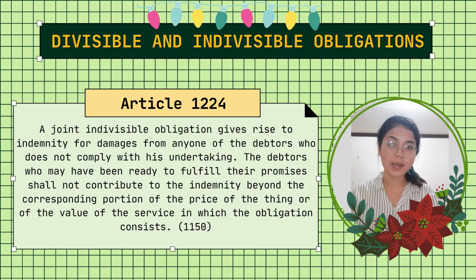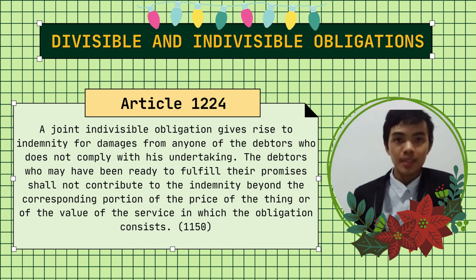Article 1224. A joint indivisible obligation gives rise to indemnity for damages from any one of the debtors who does not comply with this undertaking. The debtors who may have been ready to fulfill their promises shall not contribute to the indemnity beyond the corresponding portion of the price of the thing or of the value of the service in which the obligation consists.